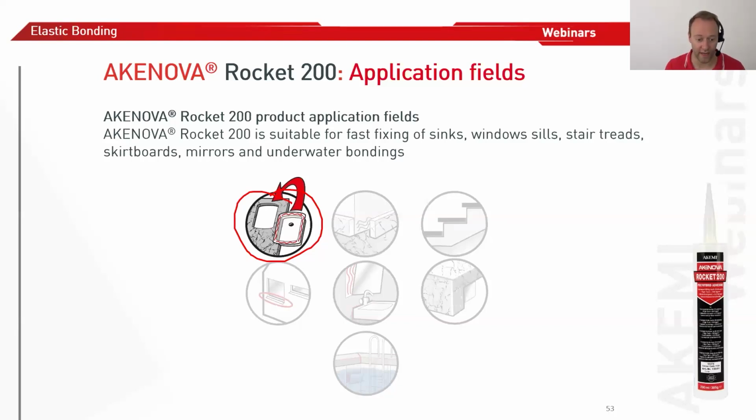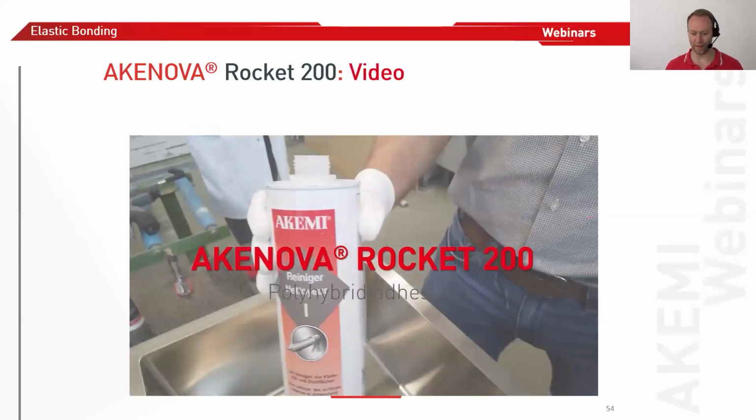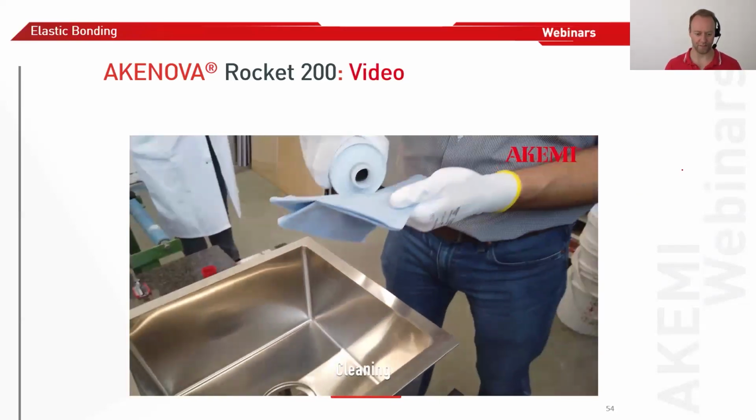But not only stainless steel things, you can also use ceramic things. Everything what you want to bond on the sinks, on the countertop, and don't want to leave some clamps there or some tapes for the next day. So I think some of you have seen this video already.